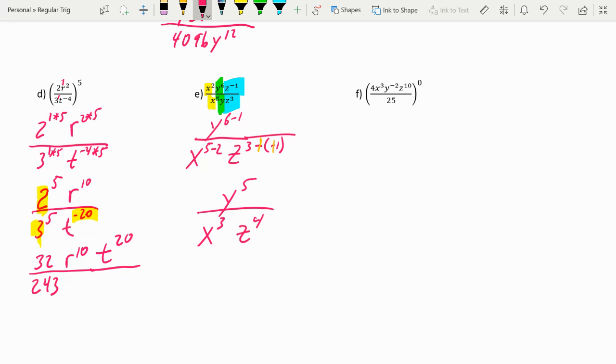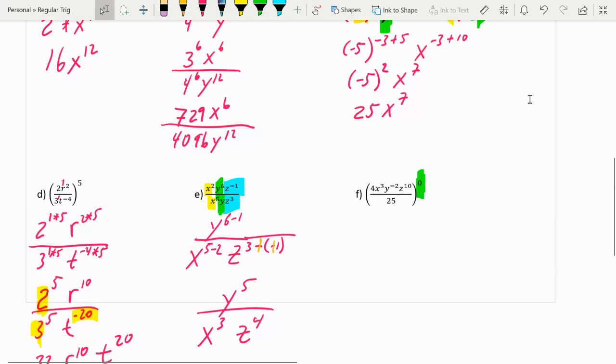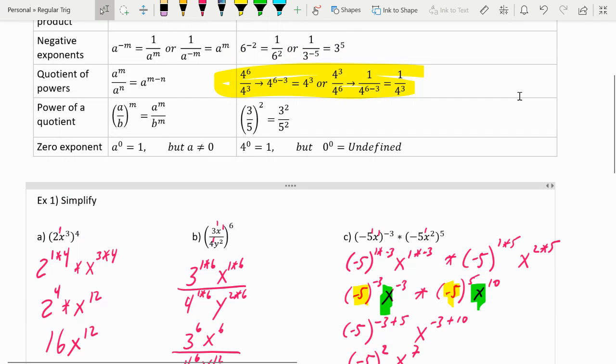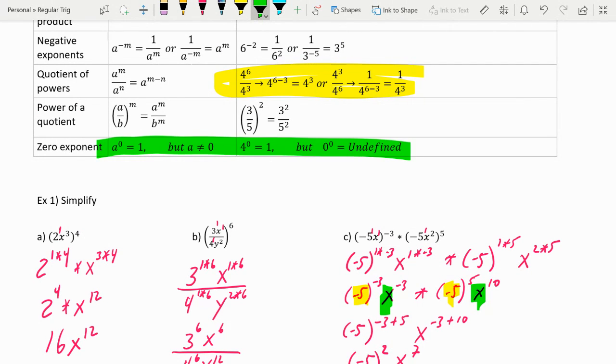Now look at F. All of this is being raised to the 0 power. Think about what we said yesterday. Anything to the 0 power is 1.